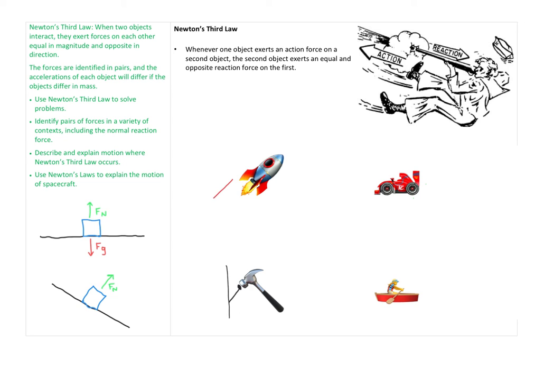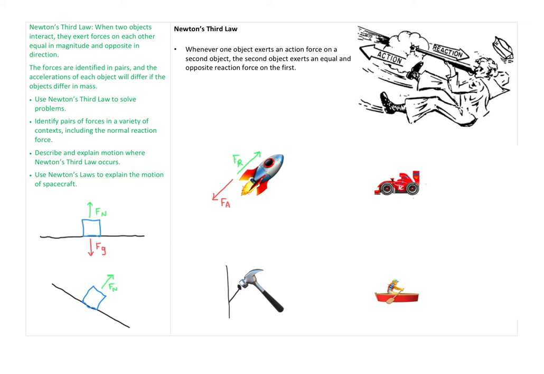The action force is the action of the fuel, the hot gas, being expelled out of the rocket. The reaction force is the rocket will accelerate in the opposite direction to the direction that the fuel is being fired out the back.